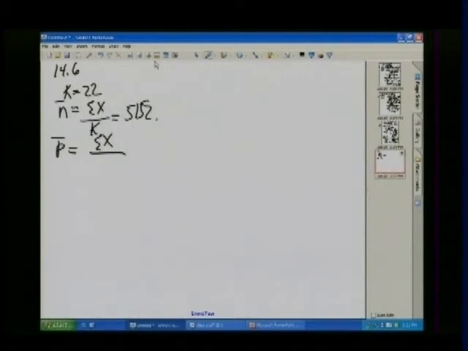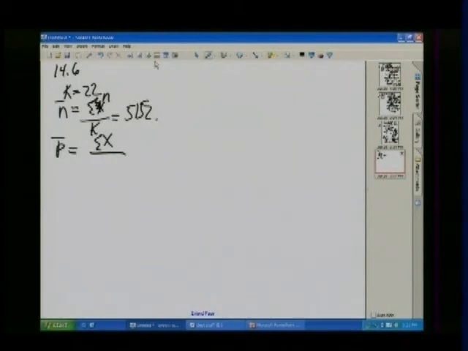And then I'm going to divide that number by, I messed up here. Whoops. This is going to be the sum of n, not the sum of x over here. That is the sum of the number of cans that we had on each of those 22 days. Sum the n's and then divide by k will give me n bar.